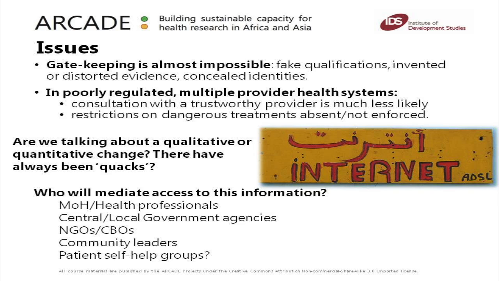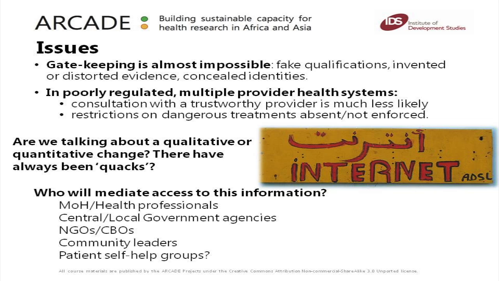In a country like the UK, we assume that the Ministry of Health and health professionals will provide good mediation services, will let us know you shouldn't go there, you shouldn't listen to that person, and so on and so forth. Now, a lot of people have to some extent lost trust in the Ministry of Health and in health professionals, partly because of maybe bad behaviour on the part of some of those health professionals, partly under pressure from commercial organisations who deliberately try to undermine government regulators, health professionals.